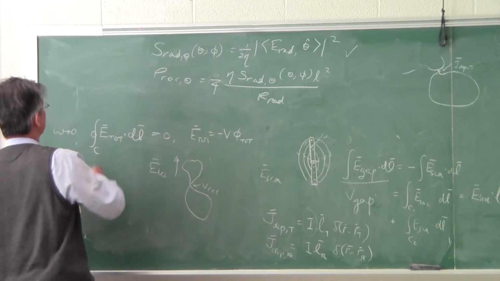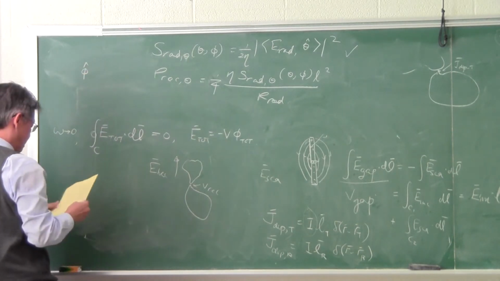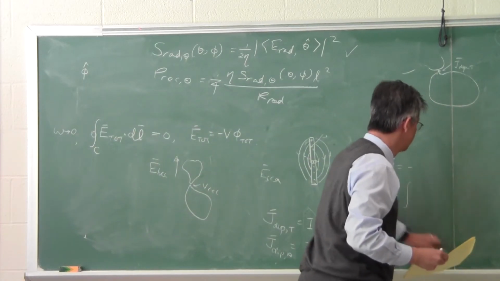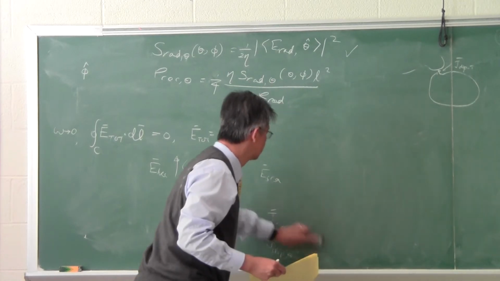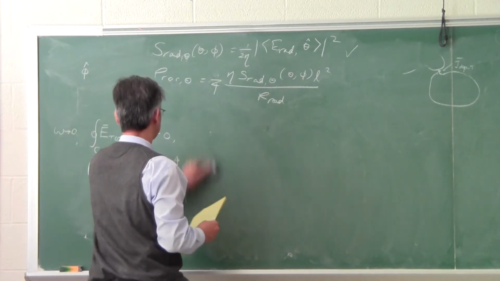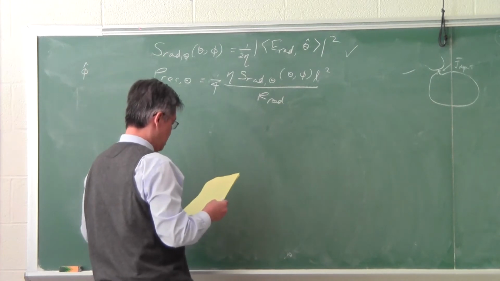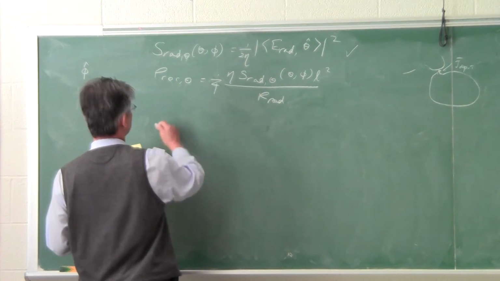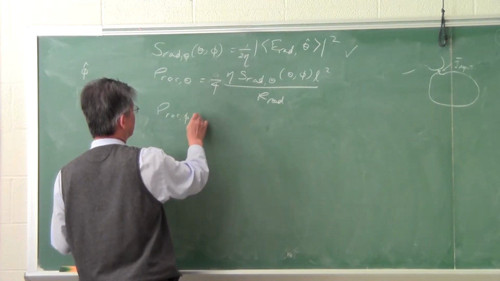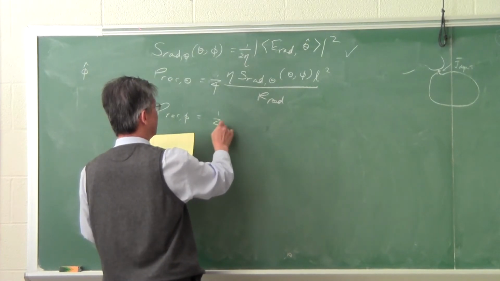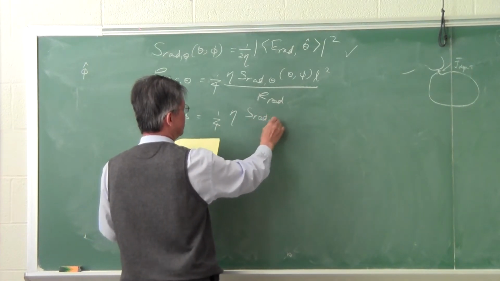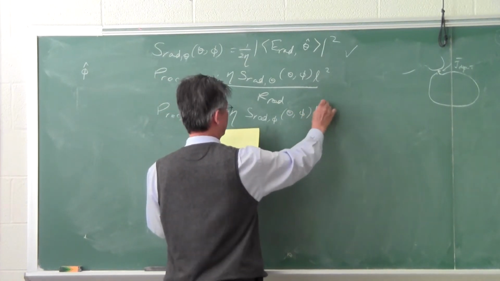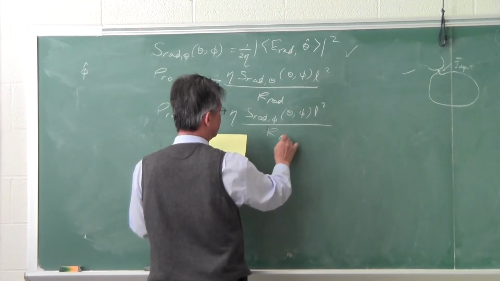You can repeat this for the phi polarization if you want to. If you repeat this exercise with the phi component of the polarization, you will have something that looks something like this, assuming that you're picking up the phi polarization, theta phi L squared over the radiation resistance.